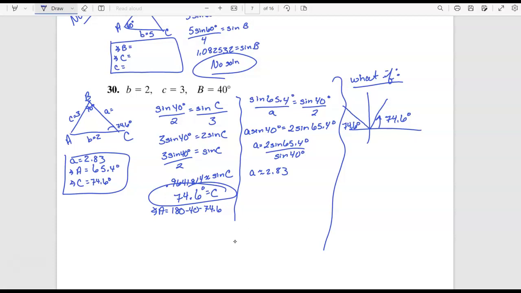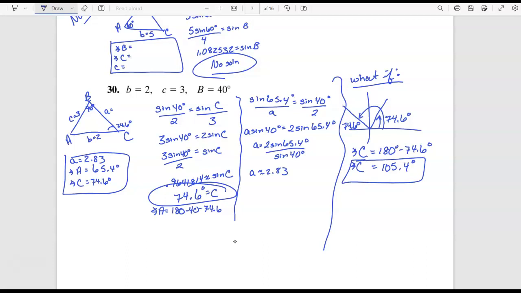What if that would have been the reference angle? So then that means angle C would be 180 minus 74.6, which would be 105.4. So that's possible.